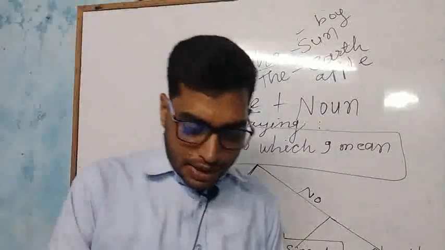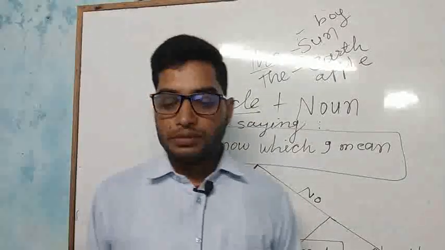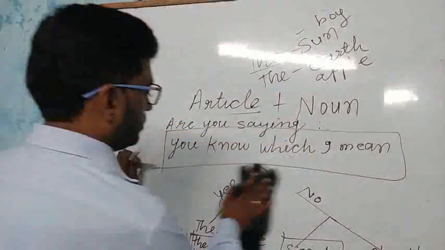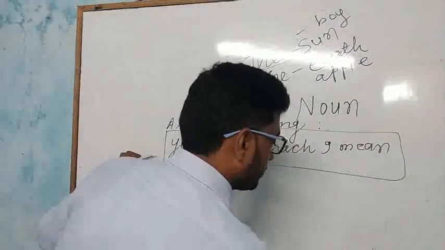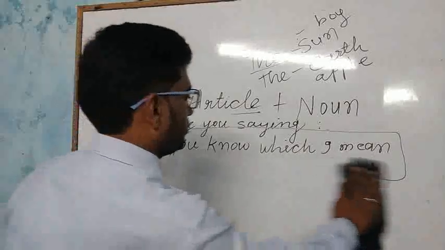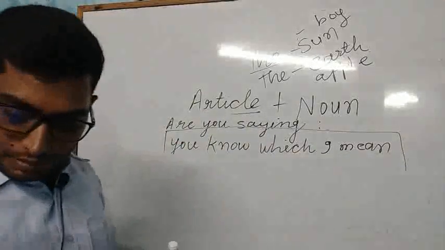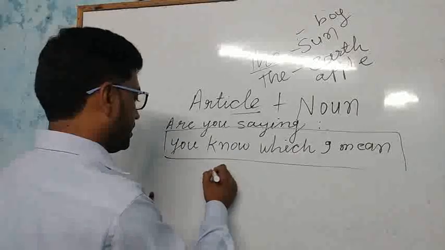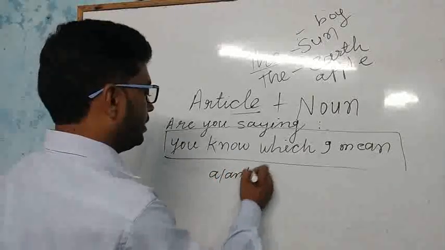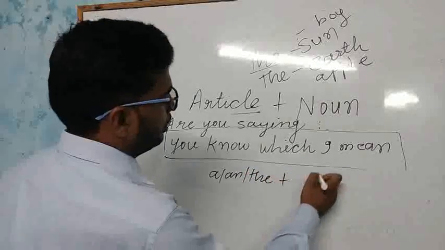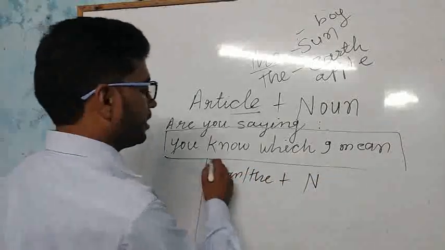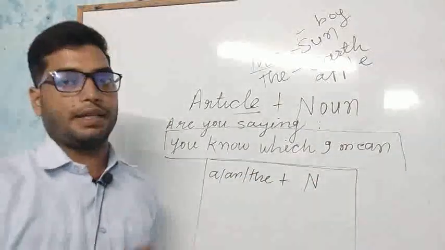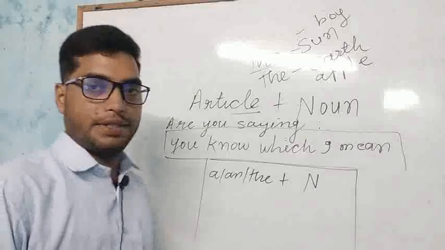Now, I just want to mention something. Actually, first of all, let me clear you. We use articles a, an, and the before a noun, right? Now we are discussing the position of the article. Where should we place it?